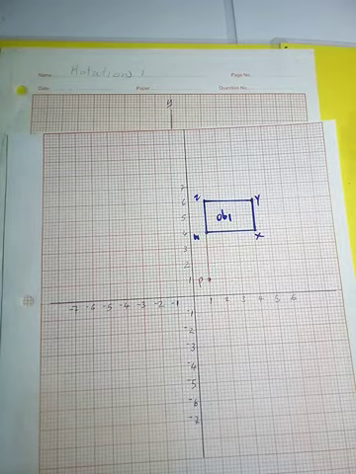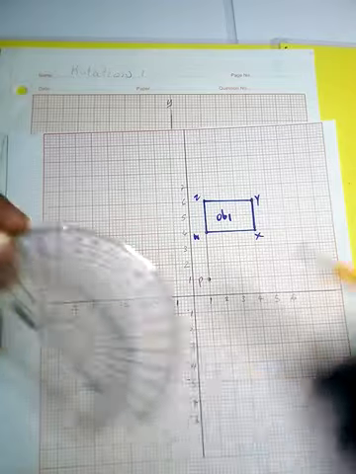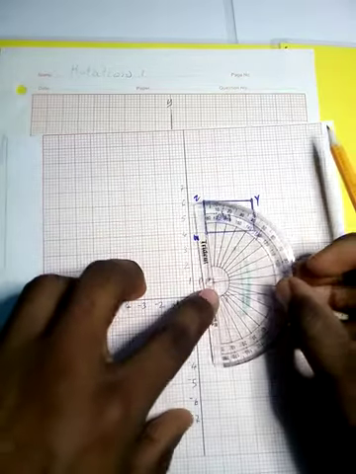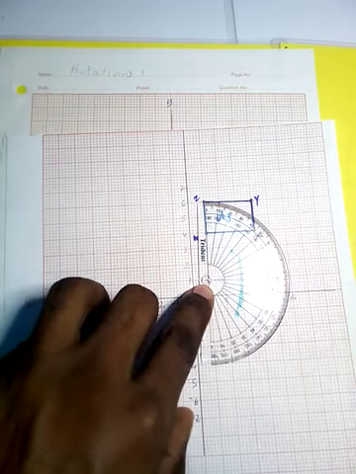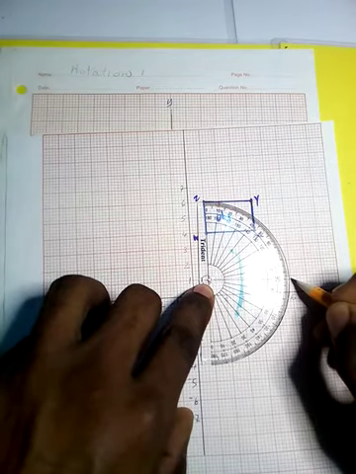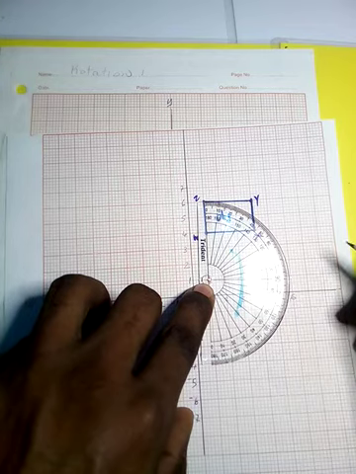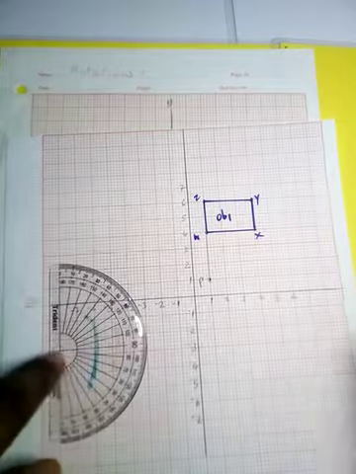Then setting our protractor center on the point of rotation, as we learned in construction, we mark off 90 degrees on our protractor.